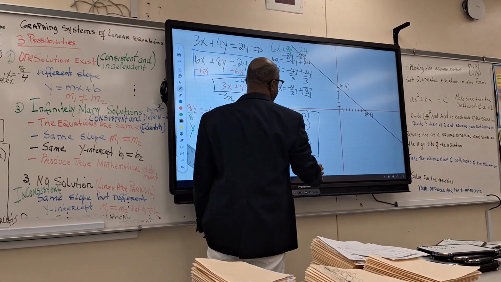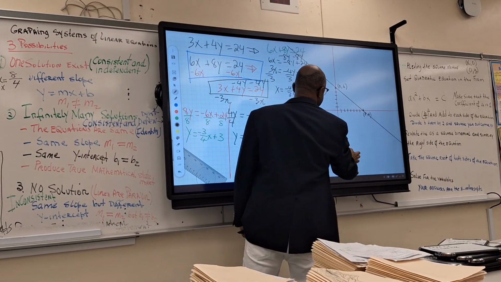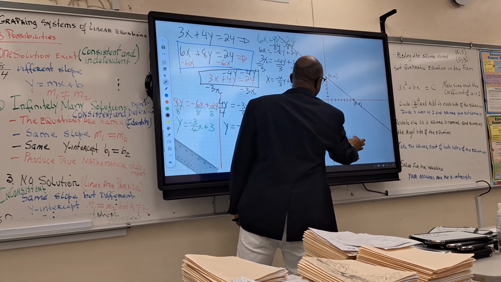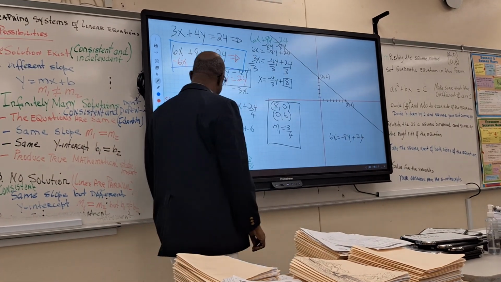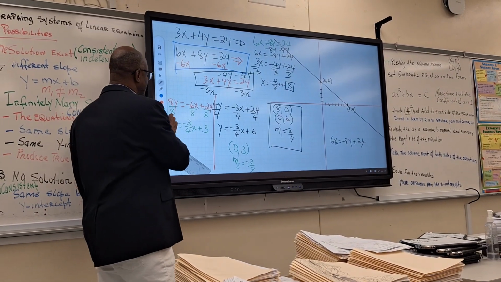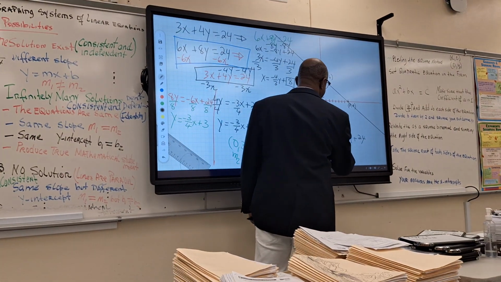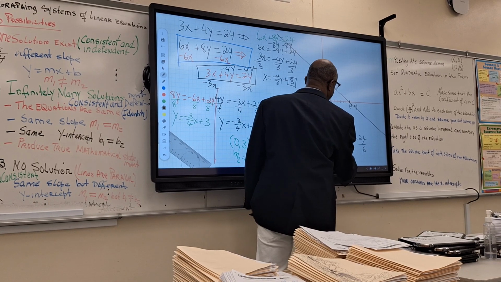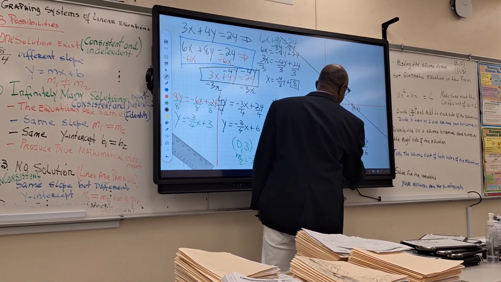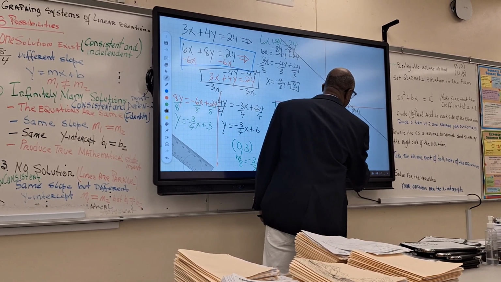So this is what I end up with. 6x equals negative 8y plus 24. And how do I find x? Divide by 6. And x is negative 4/3 y plus what?